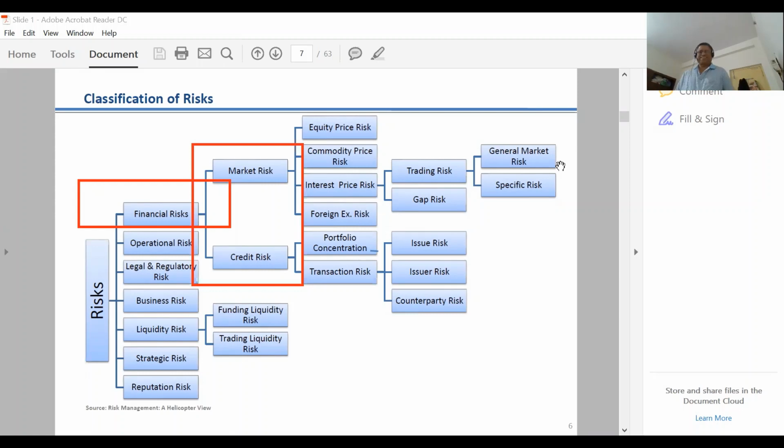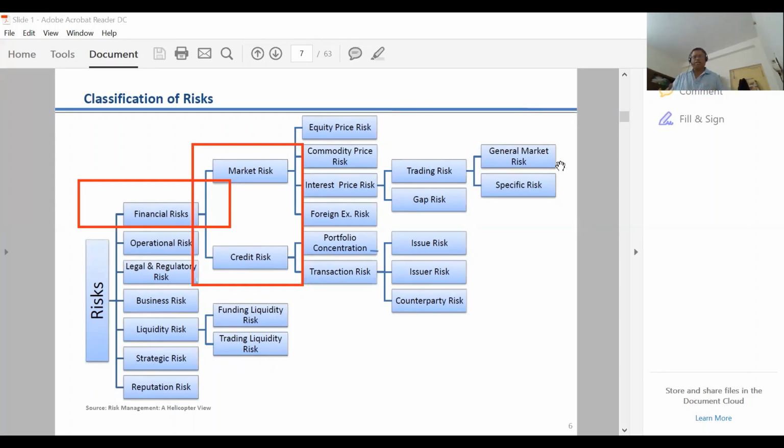What is market risk? Market risk is nothing but an unplanned event in the market which leads to fluctuation of market prices. Please remember what is meant by market risk. Market risk is an unplanned event in the financial market which leads to price fluctuations in the market.